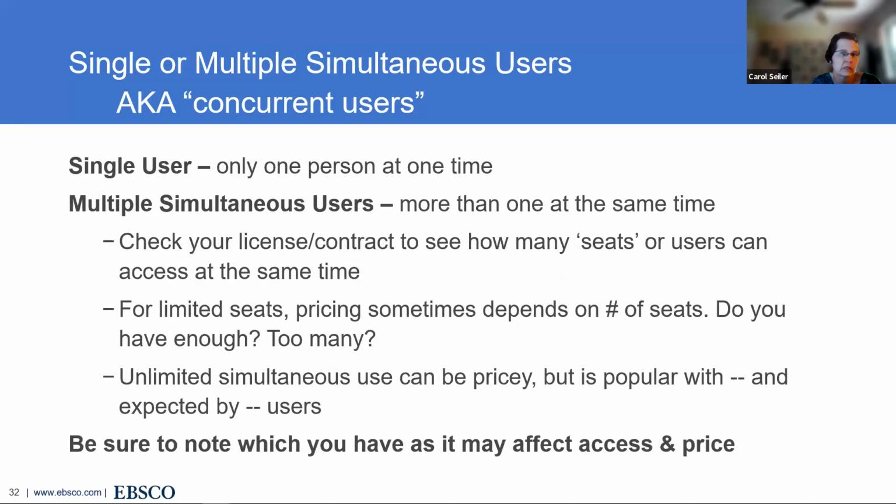It's more often used in databases, but there are still some serials out there that do look at single and multiple use. So what does that mean? Single user, if Jane is accessing it, then James cannot get in. When Jane logs off, James can get in. When James is in, Juan cannot get in.